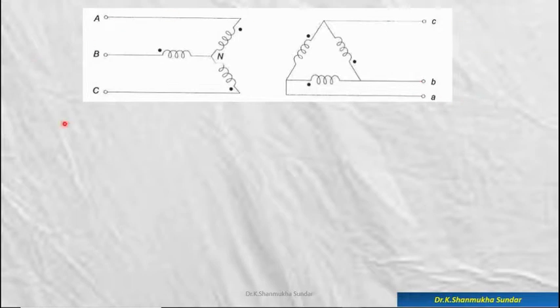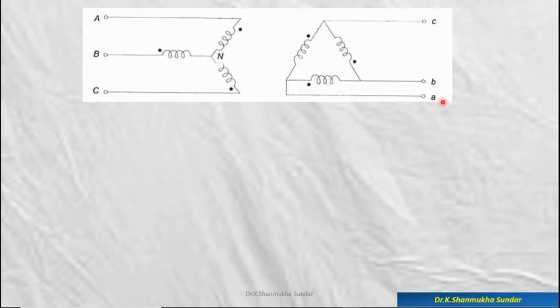Now let us take this example. This is a star delta transformer. This is case 3, you can assume it. This is the star side, we have not changed anything. On the delta side, the terminals are named in a different way. Earlier these terminals were named as A, C and B. Here it is named as CBA.